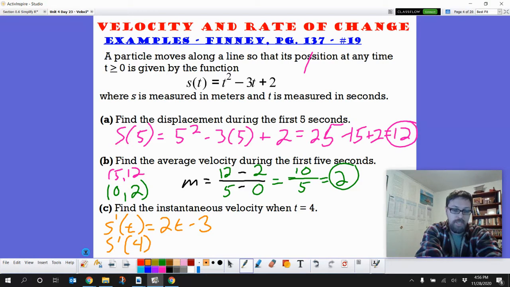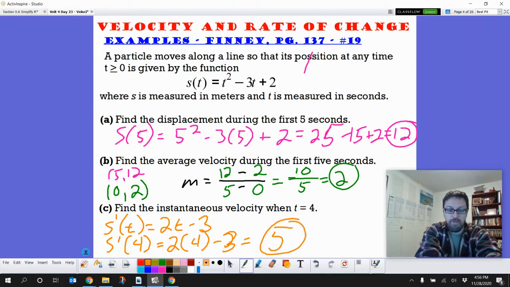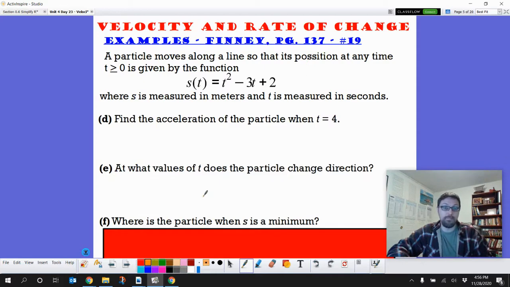You could have skipped that step, but it's notes, so I'm writing a little bit more. 2 times 4 minus 3 is 8 minus 3, which is 5. So our instantaneous velocity when t equals 4 is 5. That's different from the average velocity, which is just looking at slope, same as the average rate of change.